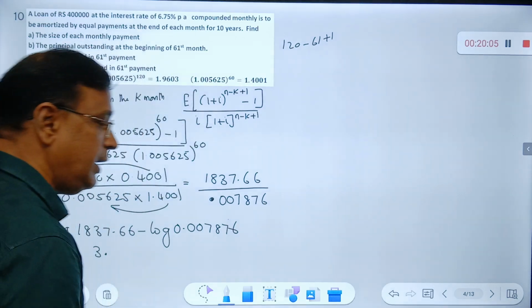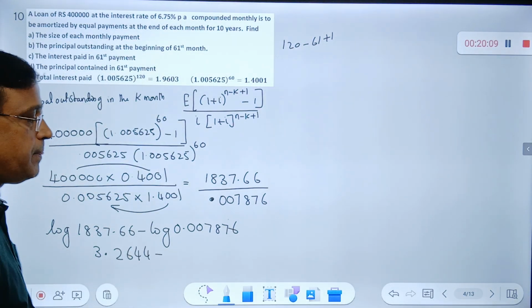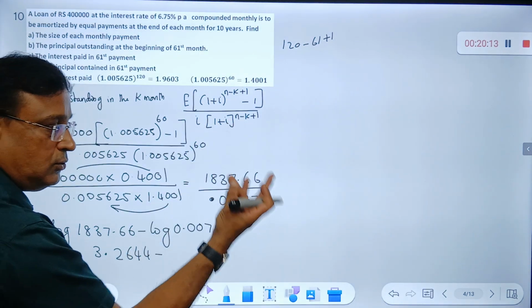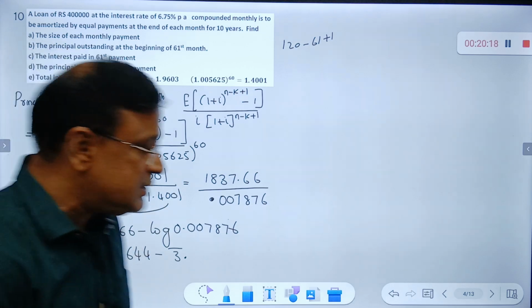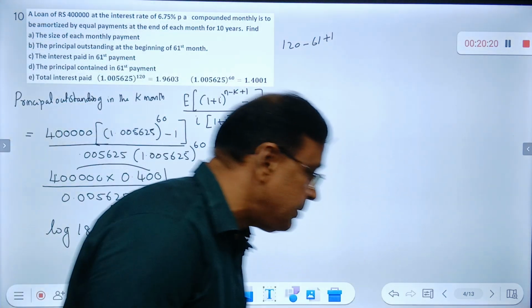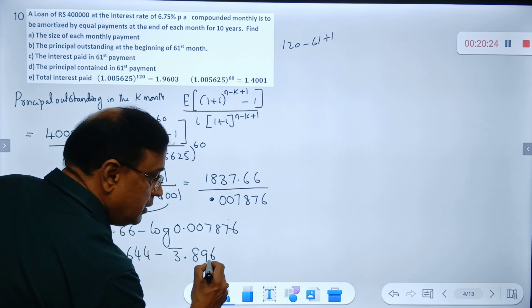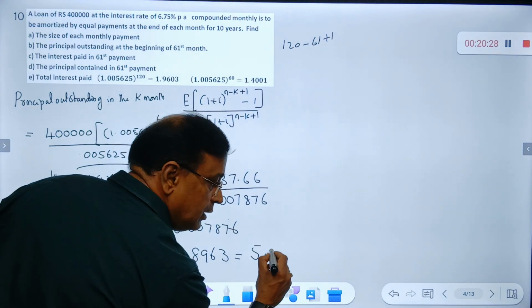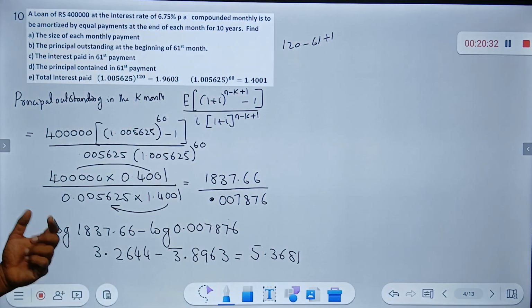Log of 1838 will be 2644 minus bar 3 point. Look at 7876. 7876 will be 8963. If you subtract, you get 5.3681.